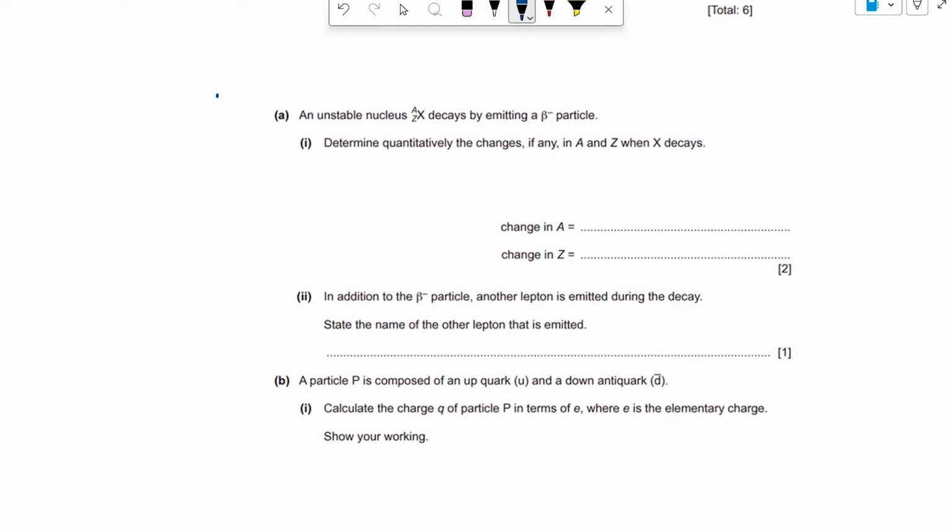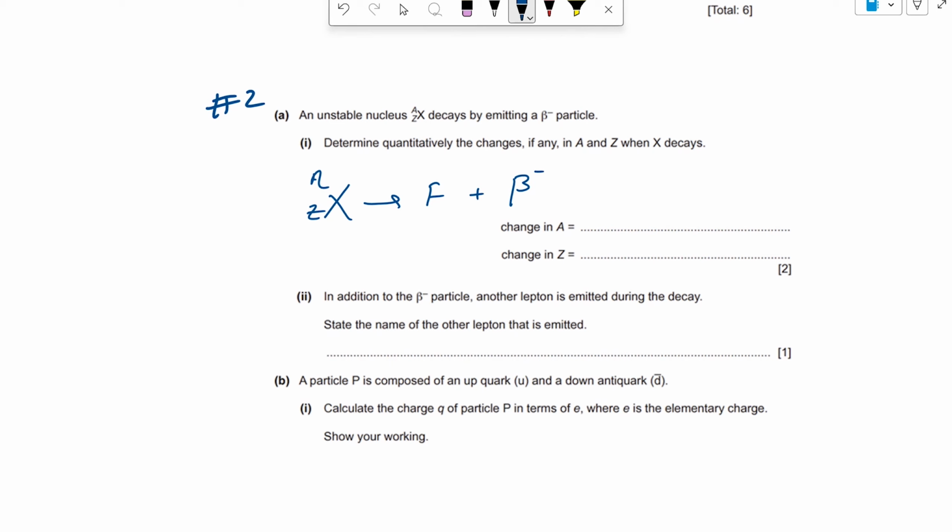Moving on to the second question. An unstable nucleus decays by emitting beta particles. Determine the change in A and the change in Z. So nucleus A Z X produces beta minus.